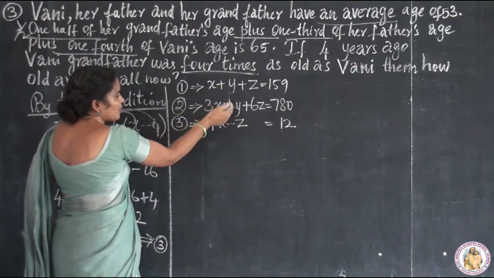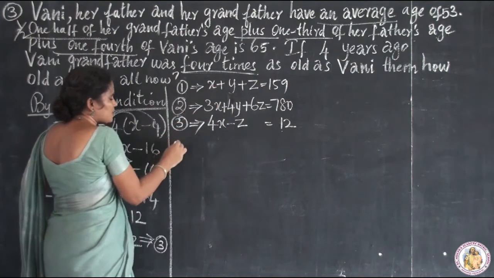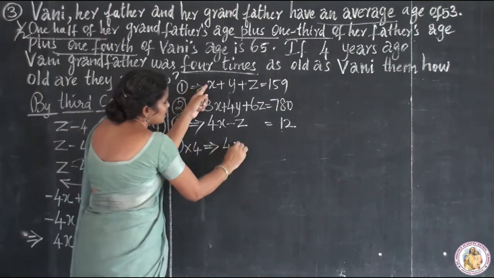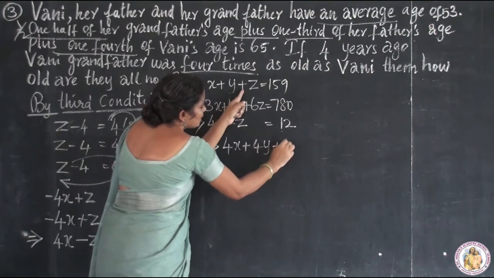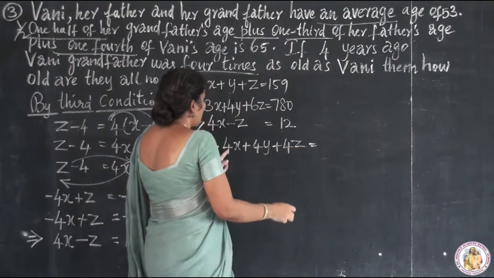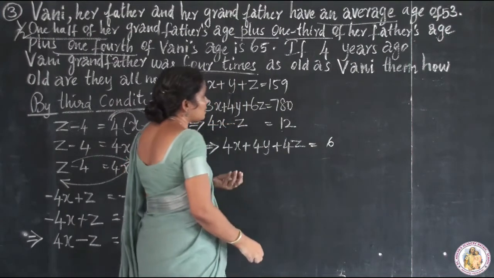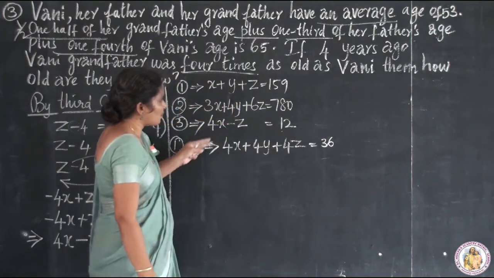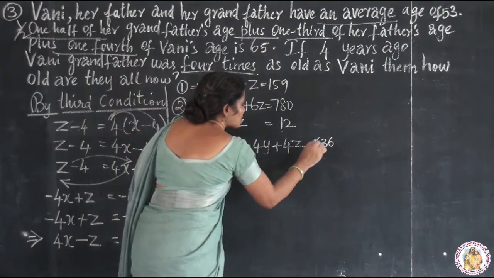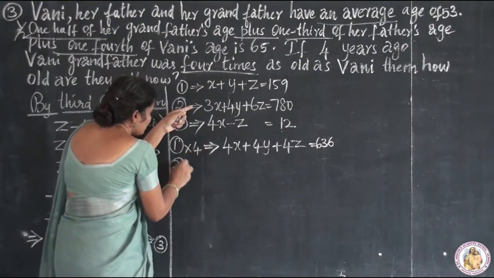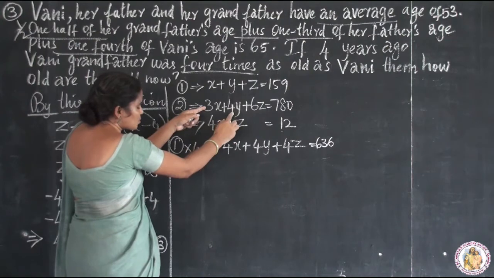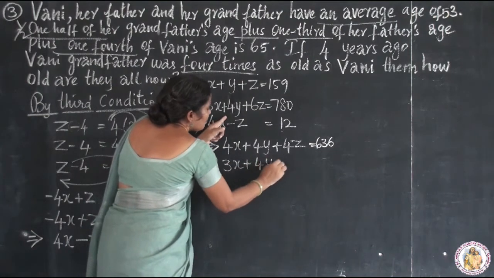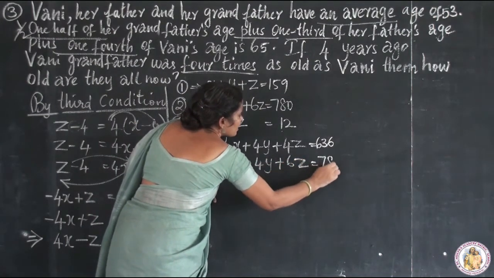To cancel y we have to multiply the first equation with 4, which gives 4x plus 4y plus 4z is equal to 636, since 9 4s are 36, 5 4s are 20, 20 plus 3 is 23, and 4 ones are 4, 4 plus 2 is 6. The second equation remains as it is: 3x plus 4y plus 6z is equal to 780.